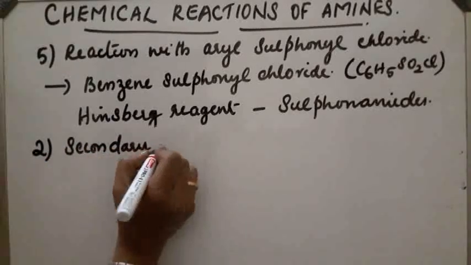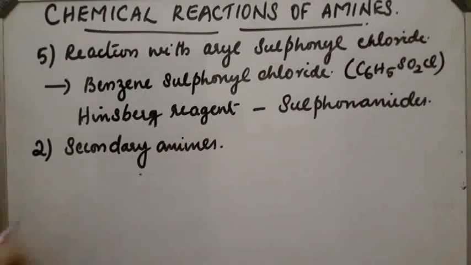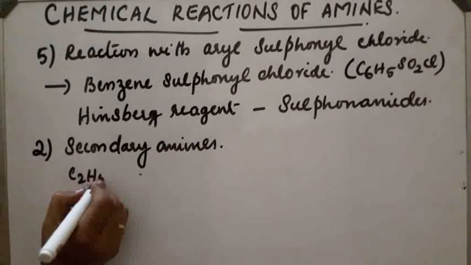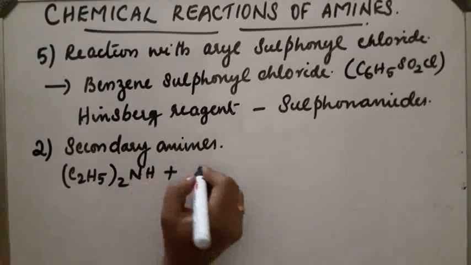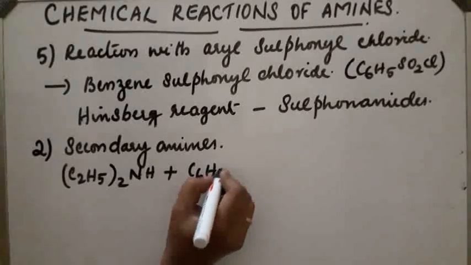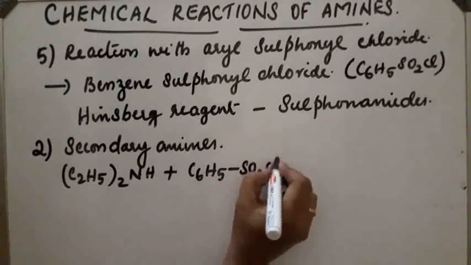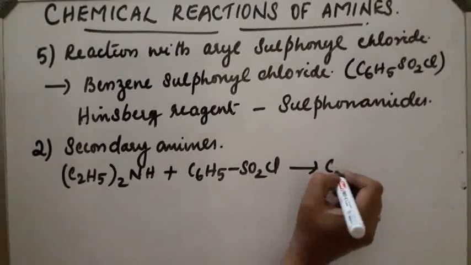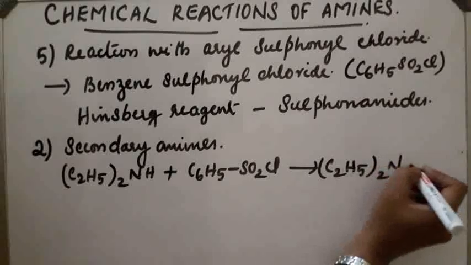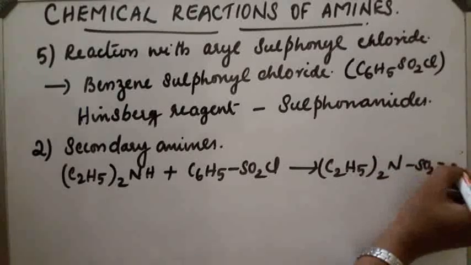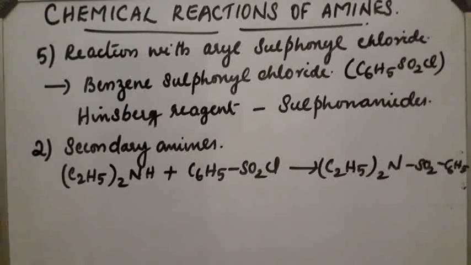Secondary amines. Diethyl amine, (C2H5)2NH, on reaction with benzene sulphonyl chloride, C6H5SO2Cl, gives the product (C2H5)2NSO2C6H5. Here, this compound does not contain any acidic hydrogen atom.